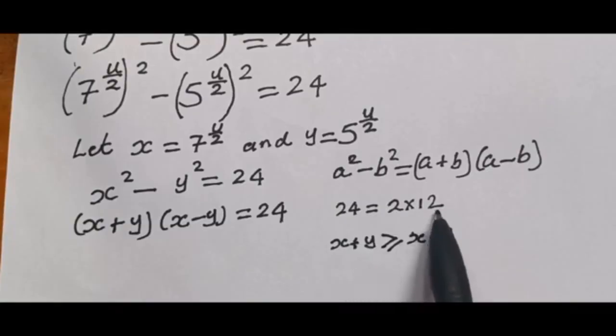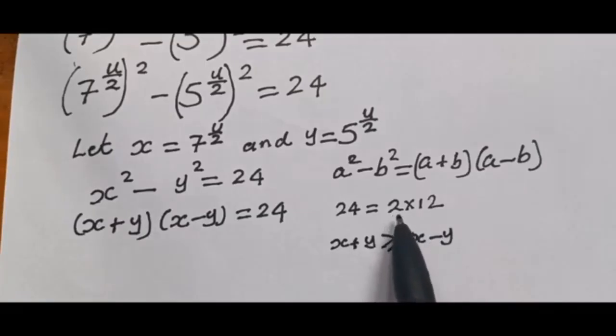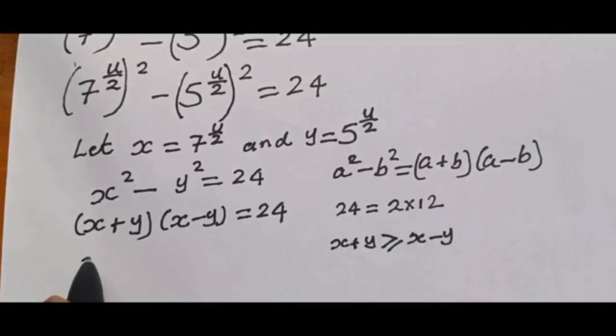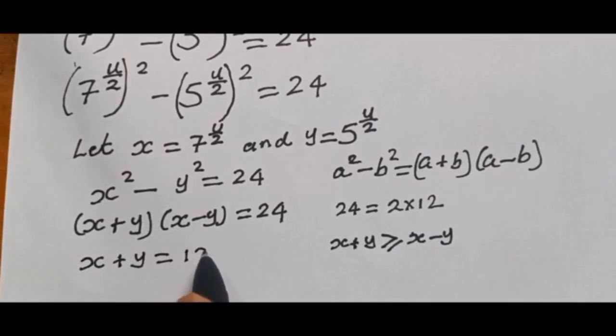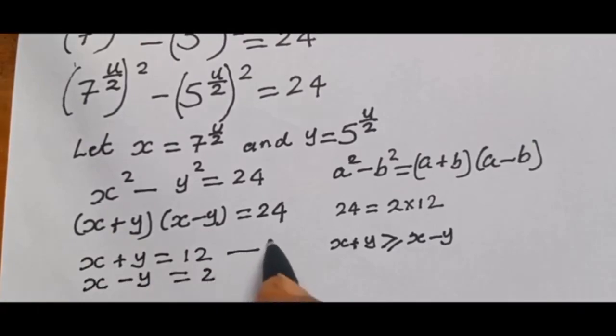As you can see, 12 is greater than 2. The value of x minus y should be 2 because 2 is less than 12. So the first equation is x plus y equals 12 and x minus y equals 2. This is the first equation, and this is the second equation.